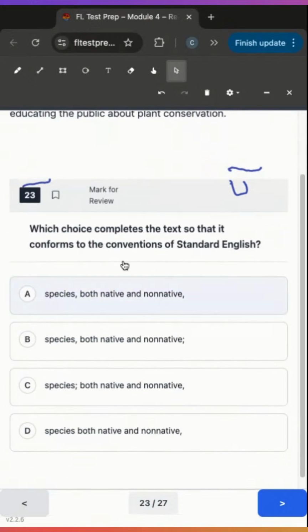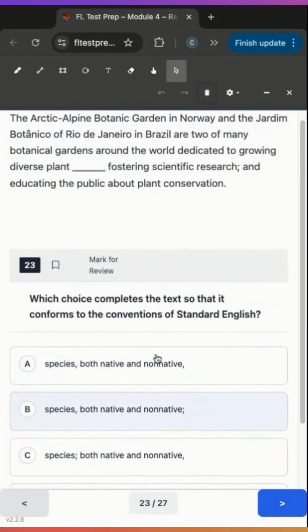Therefore, we know that A and D are incorrect because we need to use a semicolon. So between B and C, if both native and non-native come before the semicolon, that means it's going to be a part of the first item in the list. But if both native and non-native come after the semicolon, that means it's going to be a part of the second item in the list. So let's see which one makes the most logical sense.